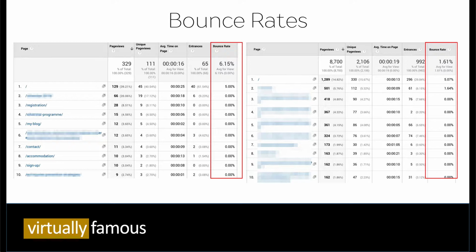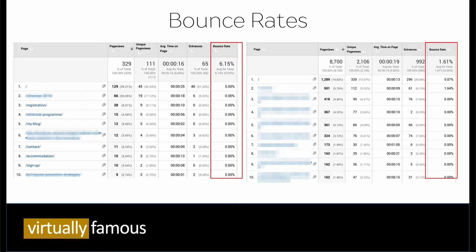You need to get more targeted. But you can see in this case, you've got slash, then the next page has 129 page views, then 66, then 28, and then 15, and then 12, 11 on my contact page. So there's information there for me that tells me what the most popular pages are in order, and you can learn a lot from that.